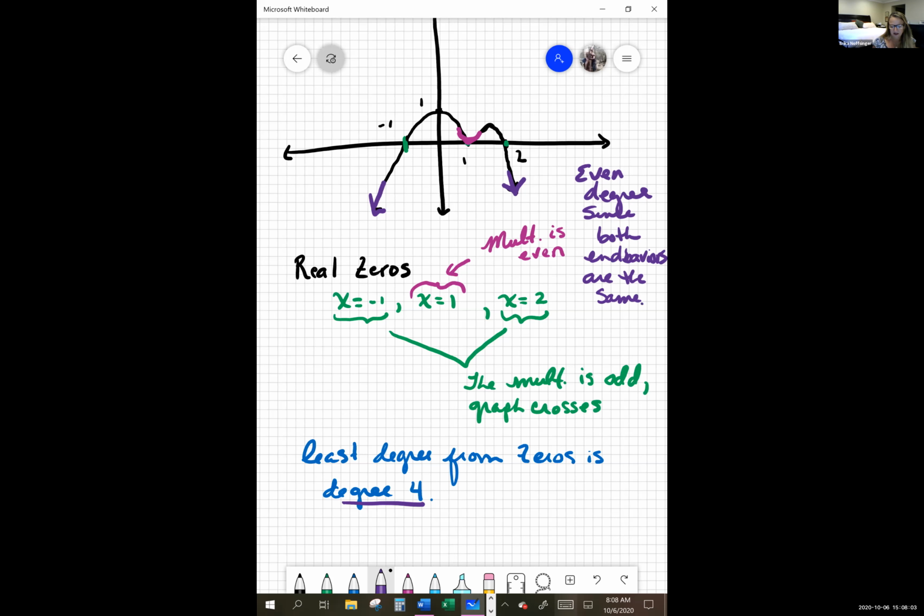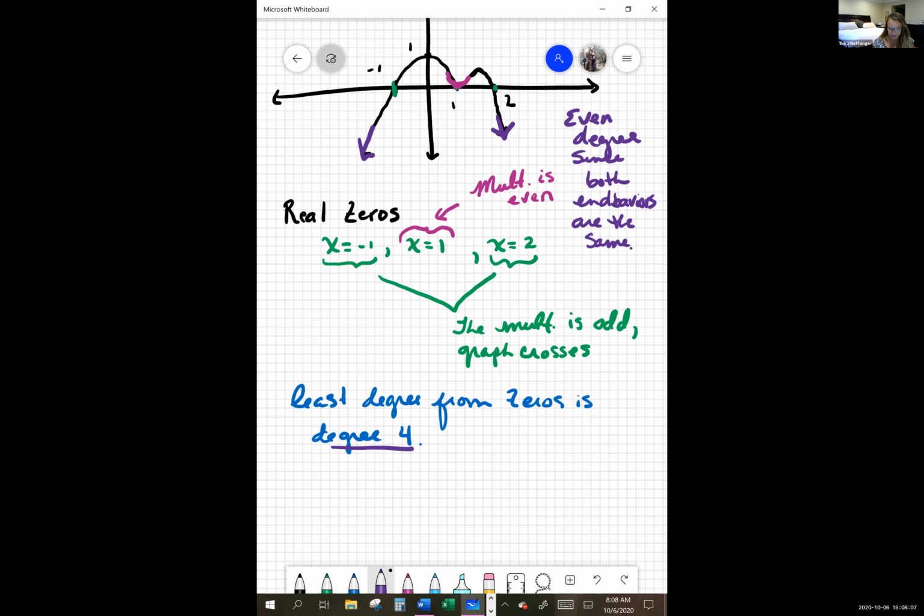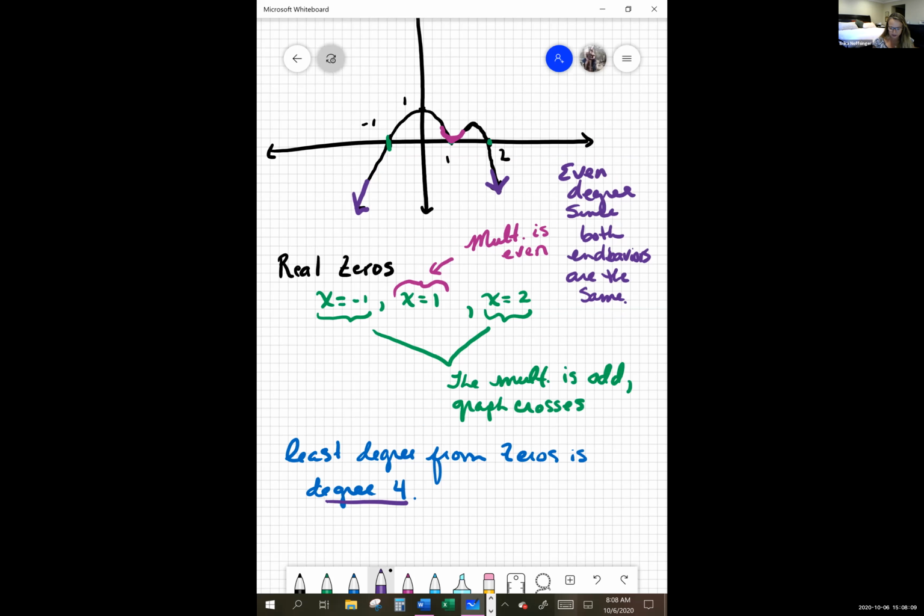That's even. And then the turning points. So we need to look at how many times this graph turns around. And so, well, we saw one of them, and that was at 0, but it also turns around here. So there's 1, 2, and here. So we have 3 turns.